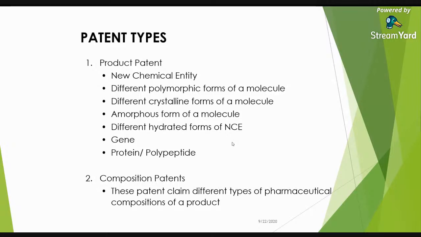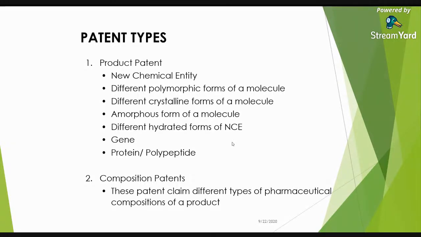Even if you file a patent for an ondansetron tablet, or ondansetron injectable, or ondansetron delayed release or once-a-day formulation, you can have a different patent for different formulations or different compositions, and that will be treated as a product patent.